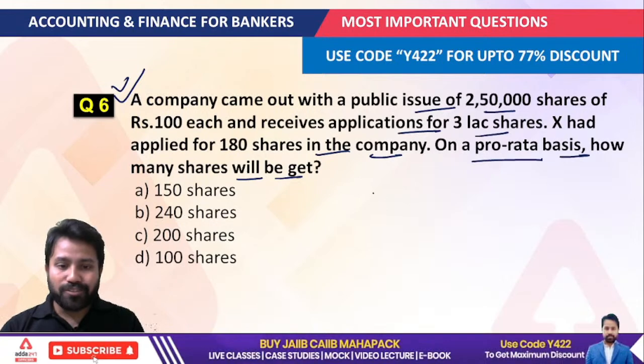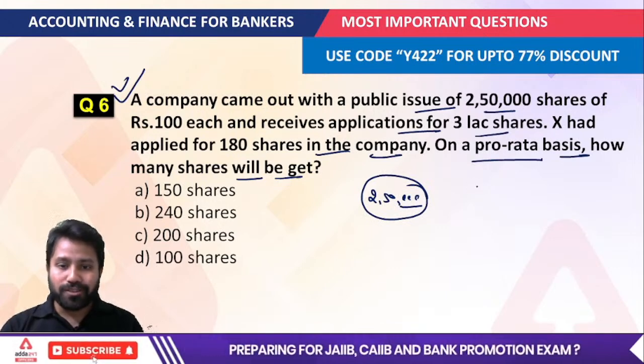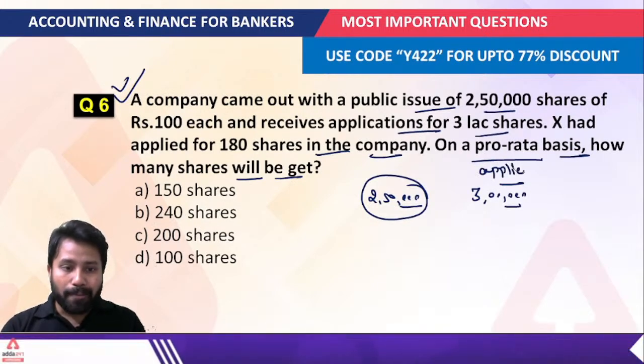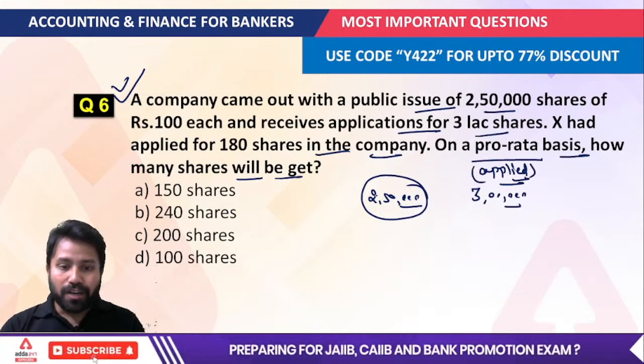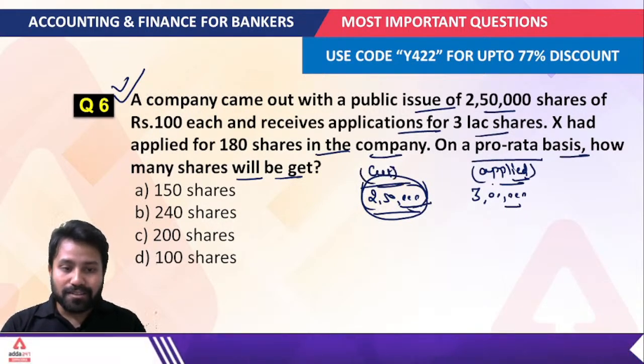The company issued 2,50,000 shares, but the public actually applied for 3 lakh shares. So this is the applied shares, and the shares the public is going to get are 2,50,000.